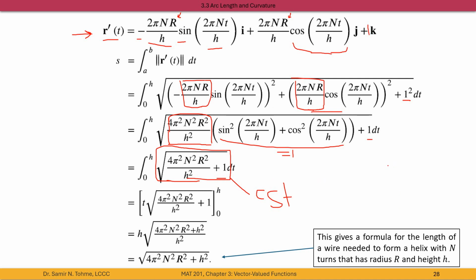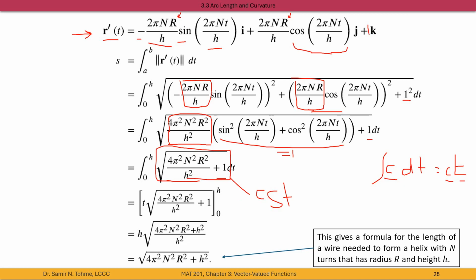And whenever you integrate a constant, you will get a constant times the variable you're integrating with respect to, which is in this case t. So the integration of a constant is the constant times the variable t.